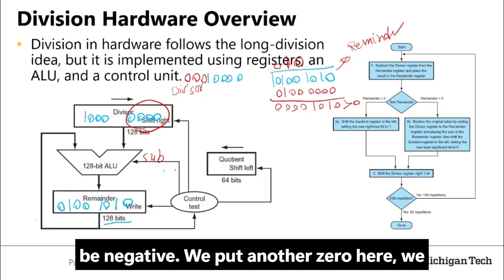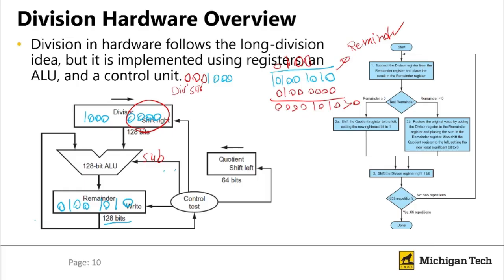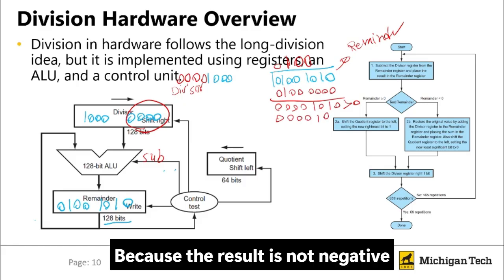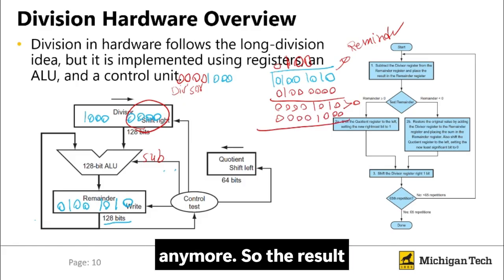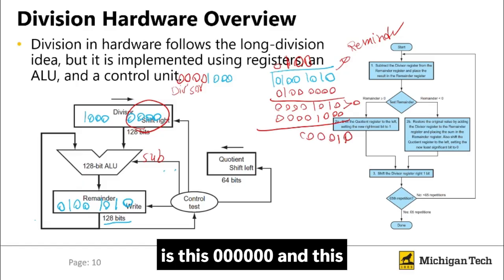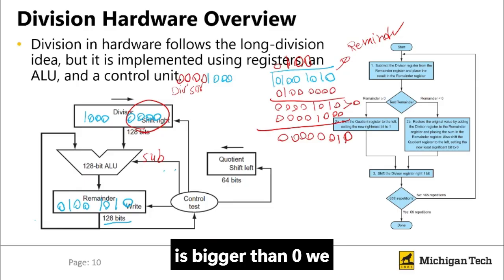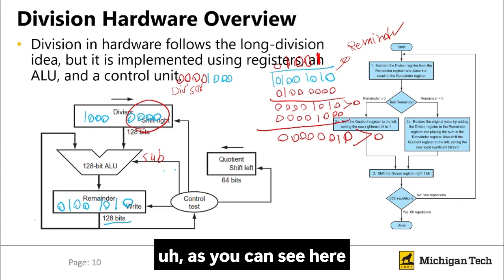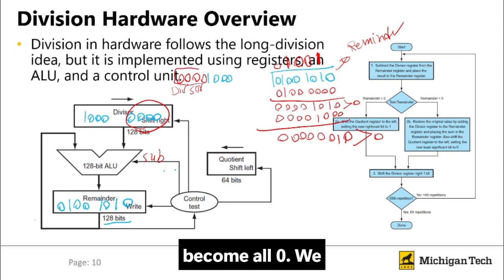The result is going to be negative. We put another 0 here and shift another one. Now we can do the subtraction because the result is not negative anymore. The result is 0 0 0 0 0 0, and this is not less than 0. We put 1, and as you can see, here becomes all 0.